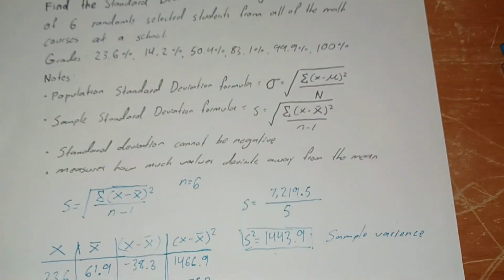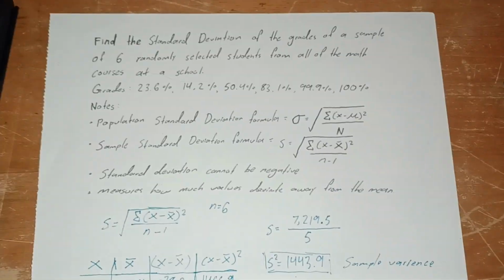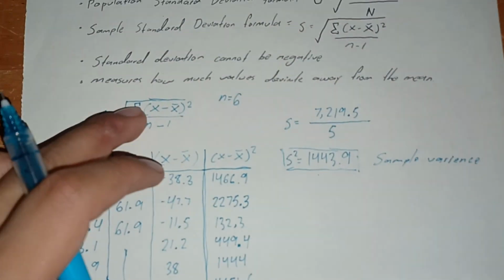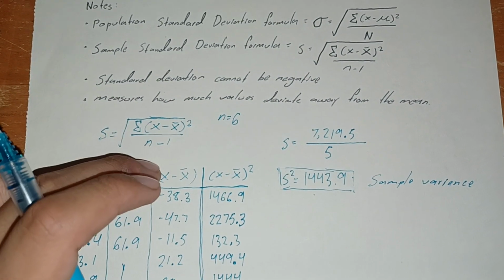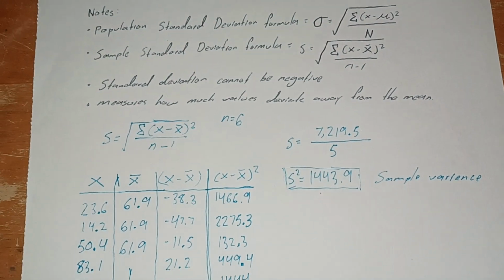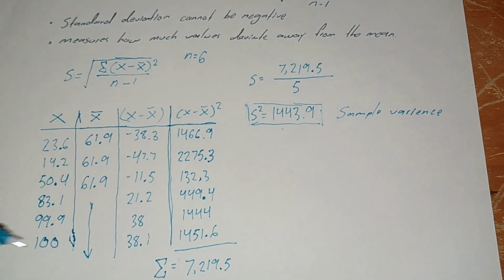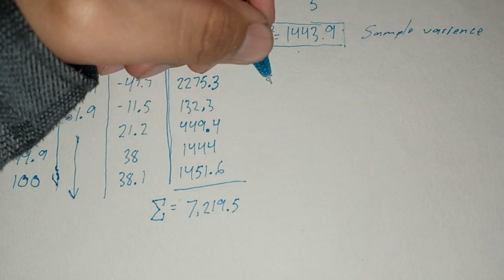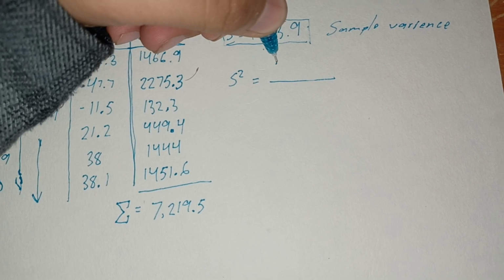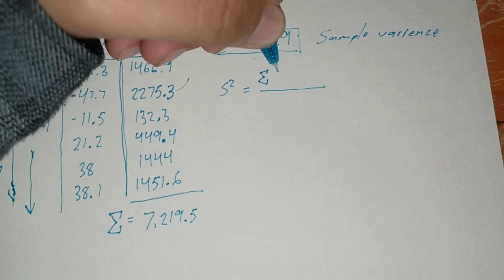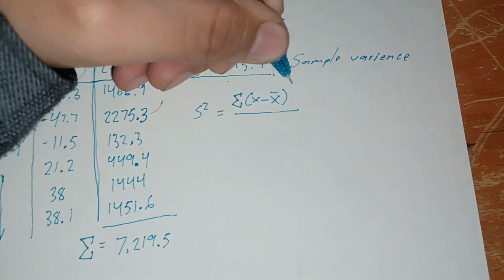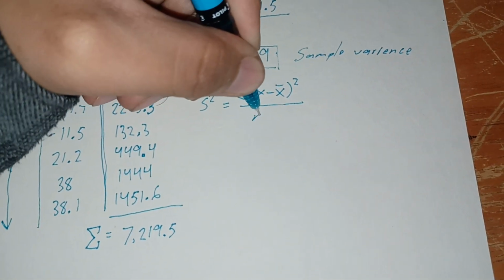This question is probably not asking you for the variance, but before you square root this, when you divide it, you're going to get your sample variance. Let us look at the formula for the sample variance. It's s squared equals the sum of x minus x bar, the mean, squared divided by n minus 1.